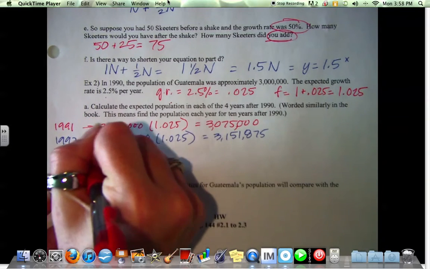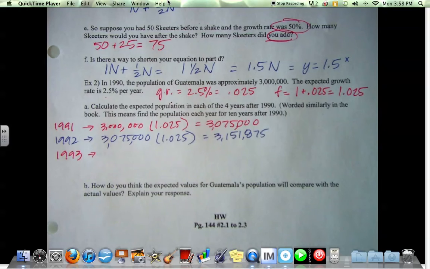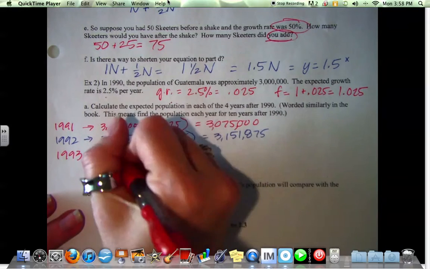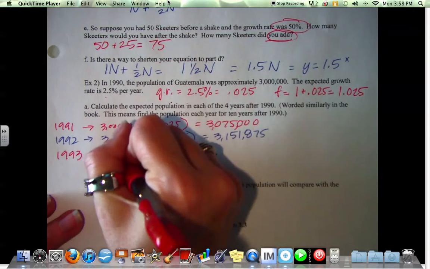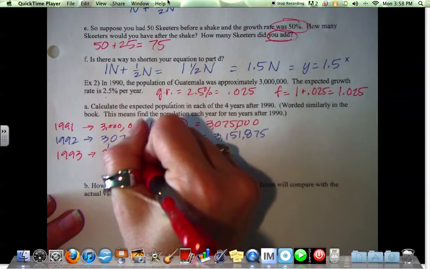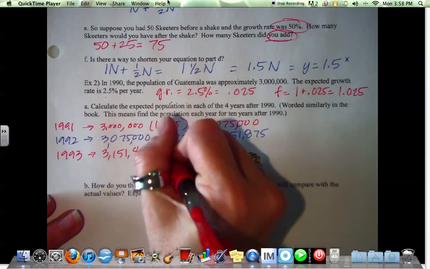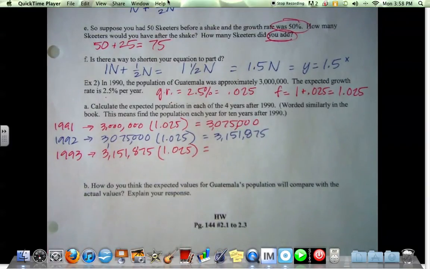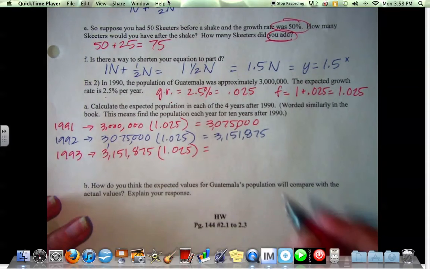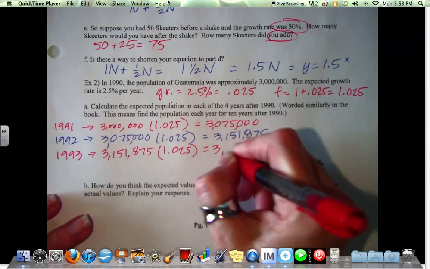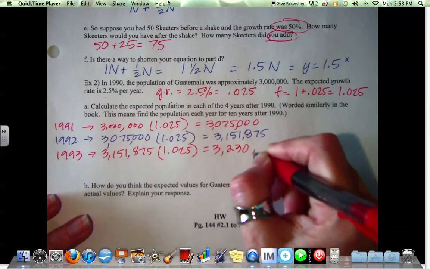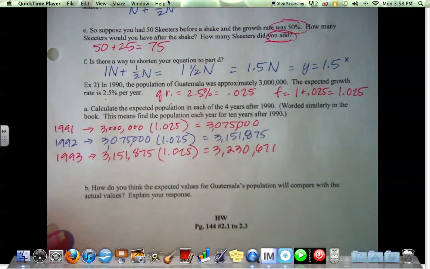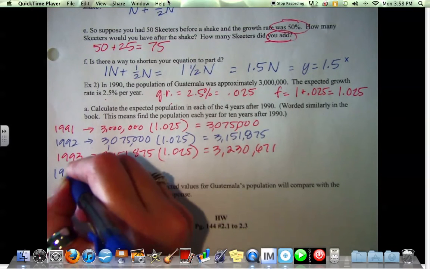1993. We have 3,151,875. Multiply it by our factor. It gives us 3,230,671. 1994.